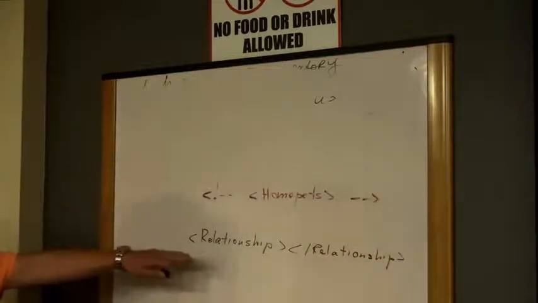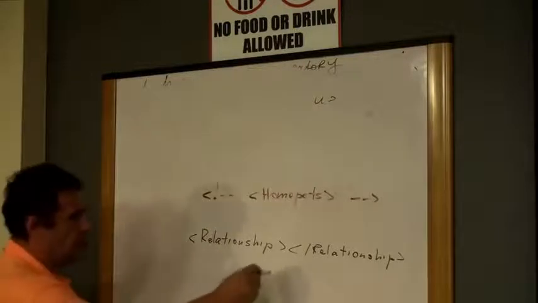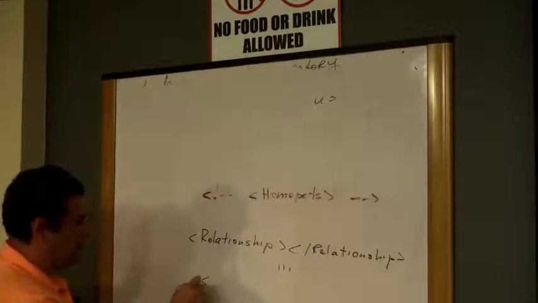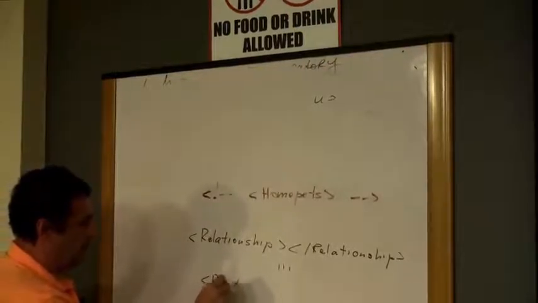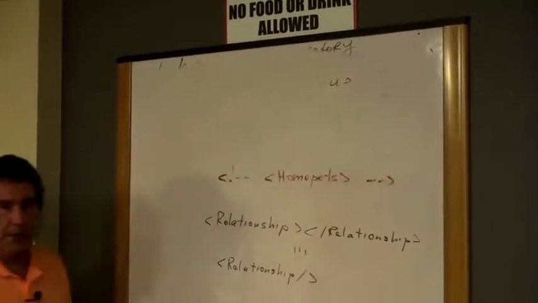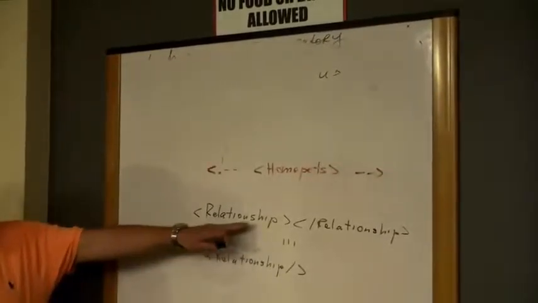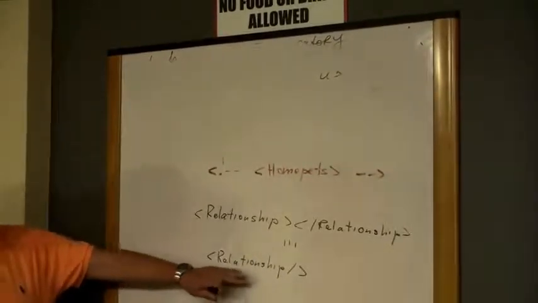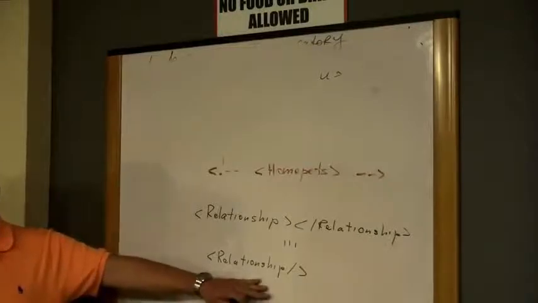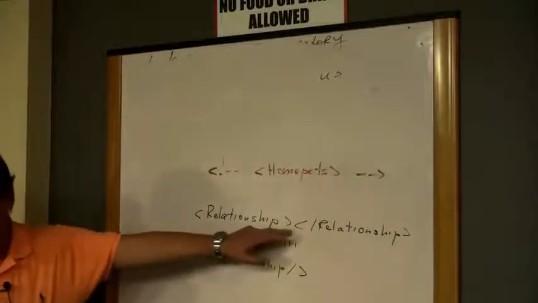Or alternatively, this is actually the long form of writing it. You can write in a short form, which is exactly the same as saying relationship. Okay. These are exactly the same. This is a shortcut form. This is a long form. It simply means that we have an element relationship which is listed, but it has no value. The value is not specified. It's null. No value here.